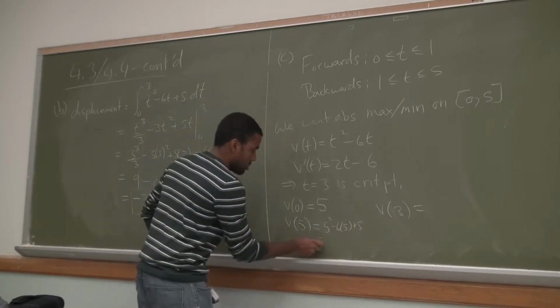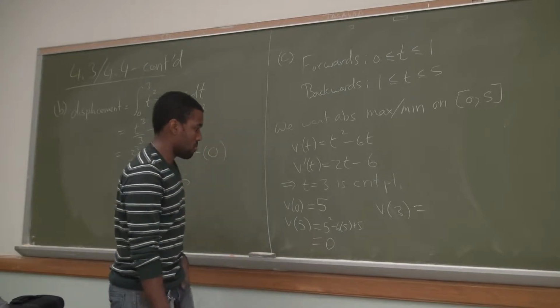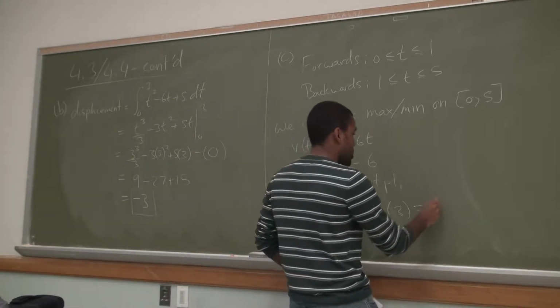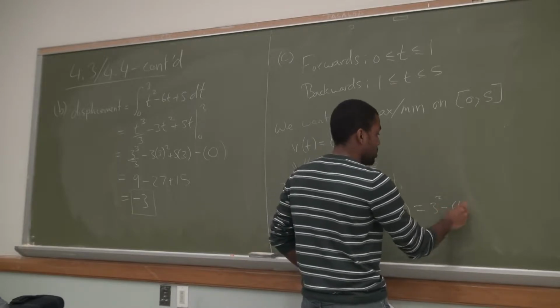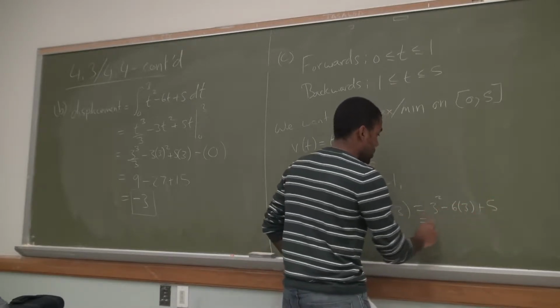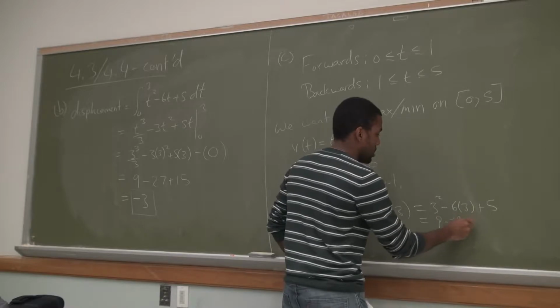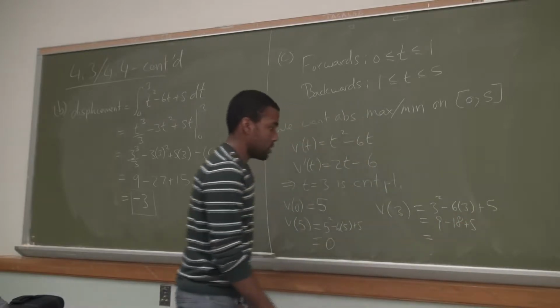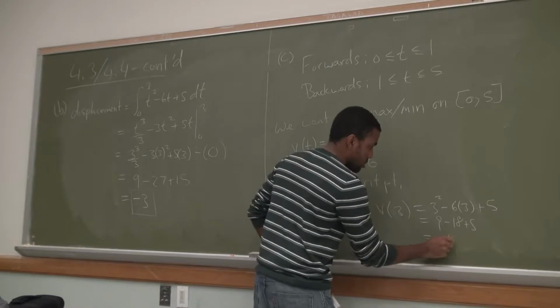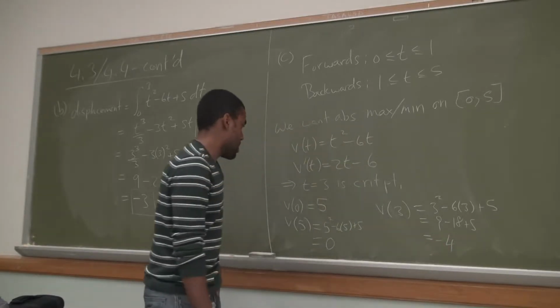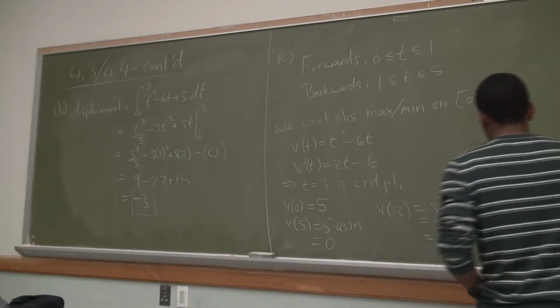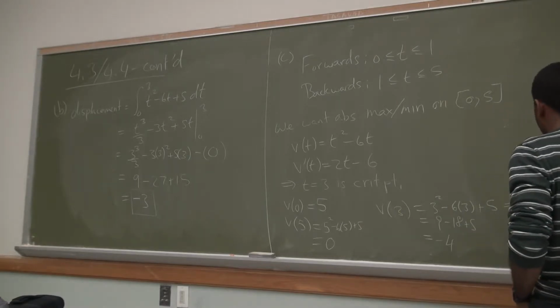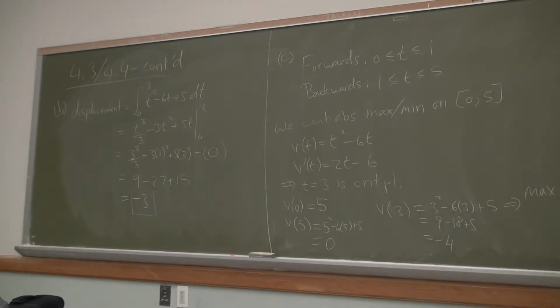Right? Which is 0. V of 3 will be 3 squared minus 6 times 3 plus 5. 9 minus 18 plus 5. 9 plus 5 is 14, that's what? Minus 4, right? So max velocity is 5 on this interval, and min velocity is minus 4.